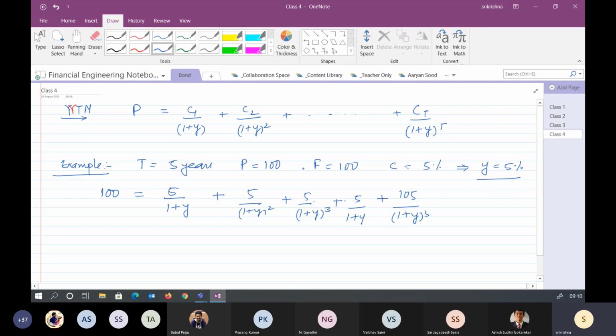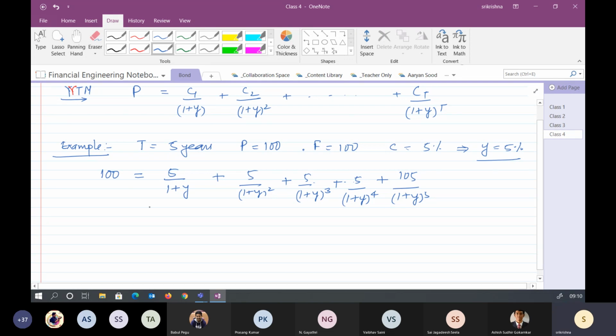So now, what will happen if this Y, the interest rate, changes? Let's say that instead of Y it has become Z. Then the price won't remain 100, but would be a different value depending upon the value of Z.